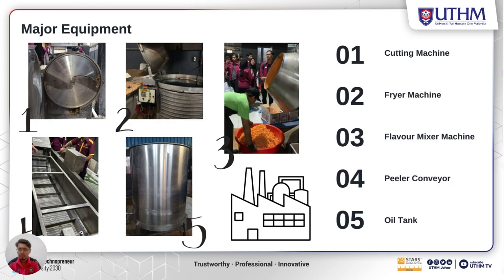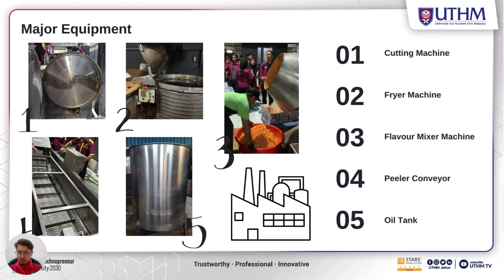Next, this is the major equipment that we have observed at the Saleh Food Industry manufacturing. The first equipment is the cutting machine, where the raw materials are cut using this machine.